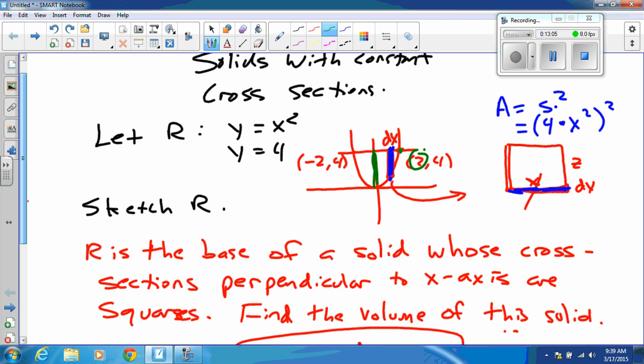And if I actually plug in x equals 2, I get 4 minus 4, which is 0. Area of 0. Check. At x equals 0, I have a width of 4, so I should have a height of 4, so I should have an area of 16. If I plug in x equals 0, I get 4 squared, which is 16. And so my spot check tells me that I have set up the area probably correctly. Okay? And so now we're ready to go.